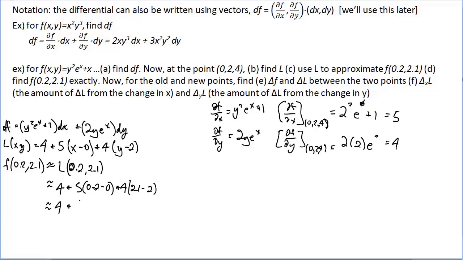And that's 4 plus 5 times 0.2 plus 4 times 0.1. And that works out to 4 plus 1 plus 0.4. And that's 4 plus 1.4. And that's 5.4.